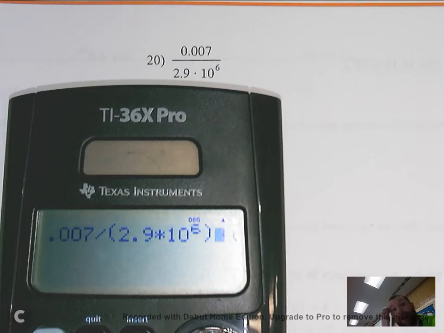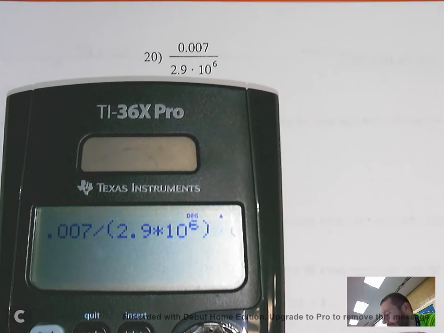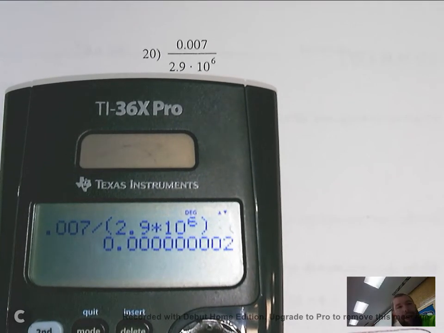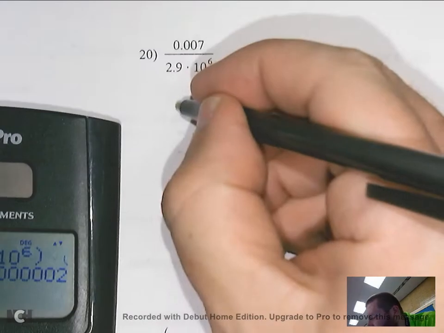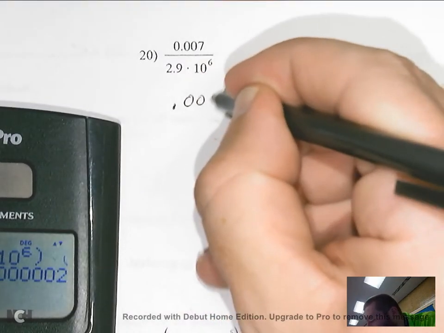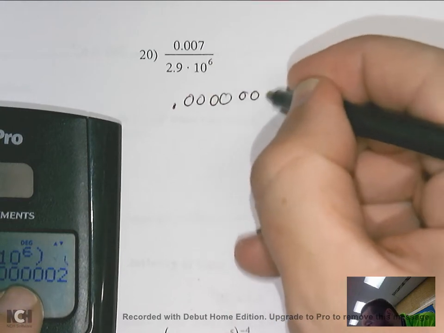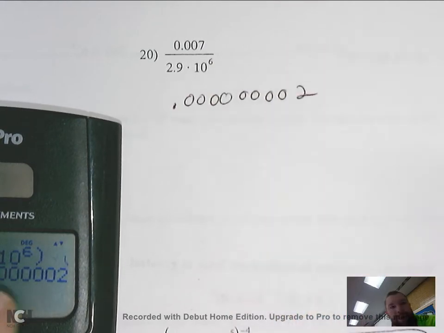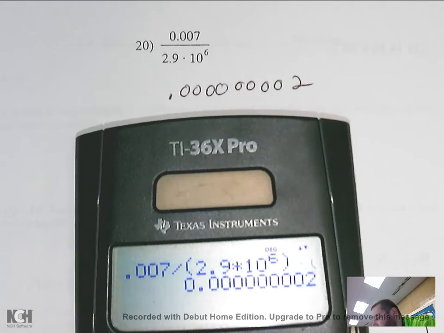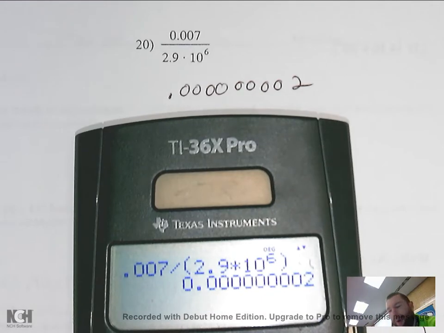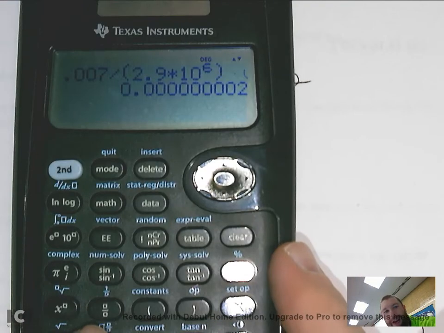But you have to use a parenthesis, otherwise it's just going to divide by the first number, and you want it to divide by all of it. Okay? Which would give you that number right there. 0.000000002. Okay? So you can do it that way, or you can use the fraction button.